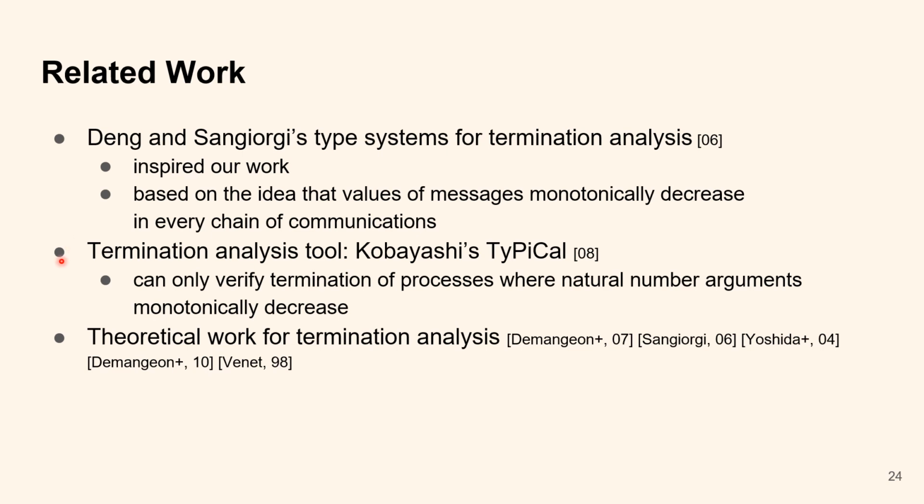Typical is a termination analysis tool for the pi calculus, but it can only verify termination of processes where natural number arguments monotonically decrease. There have been some theoretical work for termination analysis.